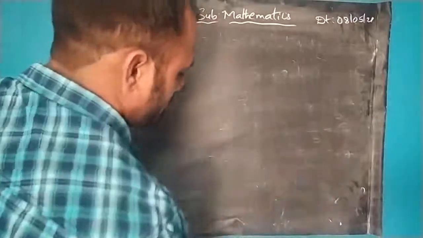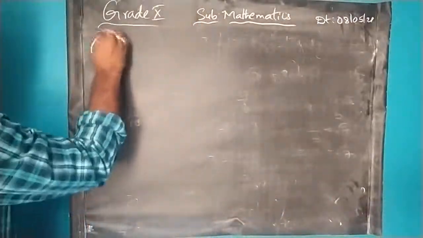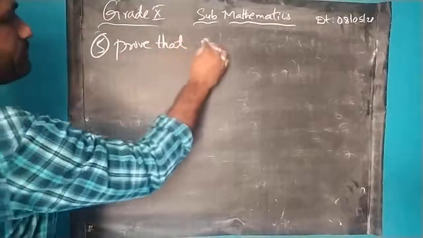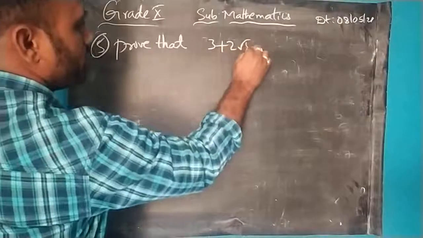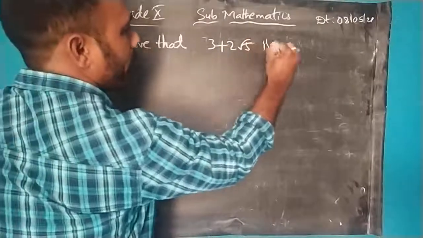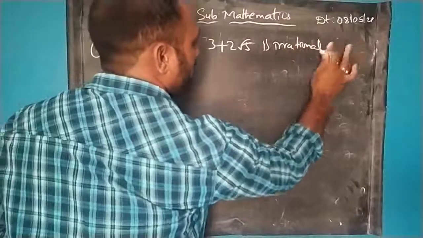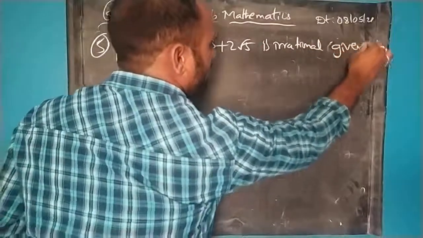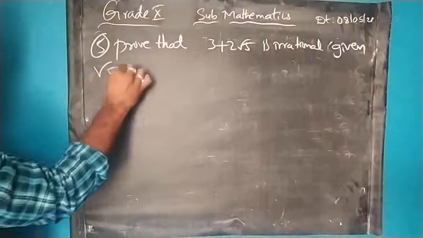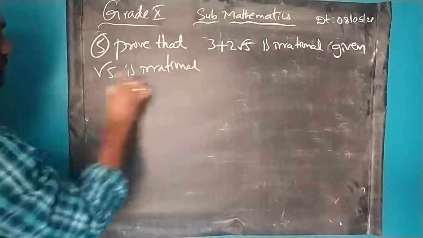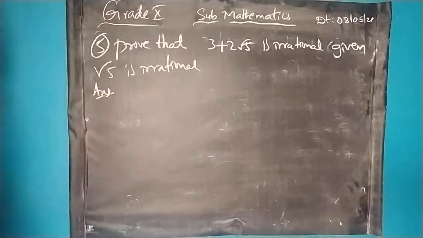5th type question. Prove that 3 plus 2 root 5 is irrational, given root 5 is irrational. Okay.